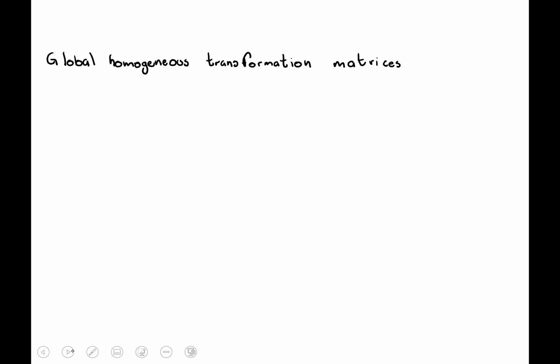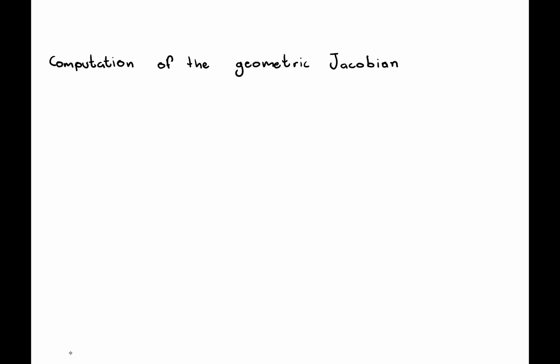Okay, so let's compute the geometric Jacobian, which is the second question. So remember that, let me just put back the black. Our geometric Jacobian has a number of columns equal to the number of joint space variables that we have. So let's start. Our first column corresponds to a prismatic joint.